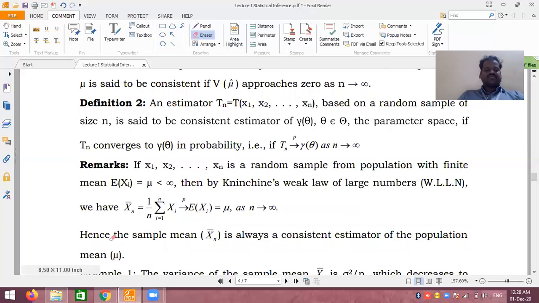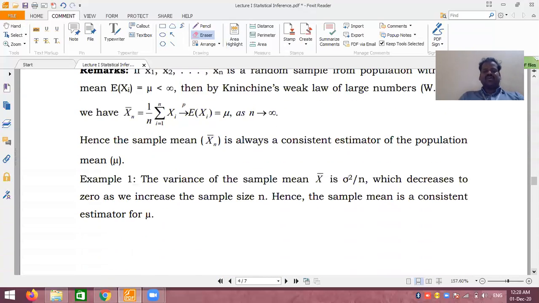Hence, the sample mean xn bar is always a consistent estimator of the population mean mu. These are some remarks about consistent estimators.